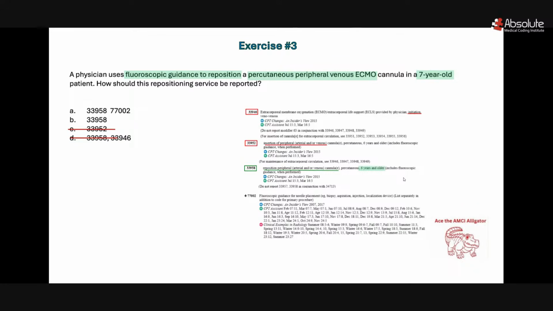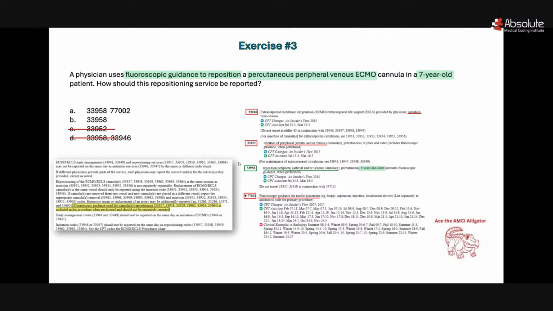If you look at option D, it's also coding for 33946. That is for extracorporeal or ECMO initiation, veno-venous. So did we have an initiation? No, we only had a repositioning. So we are just left with option A and option B. Option A is coding for fluoroscopic guidance.